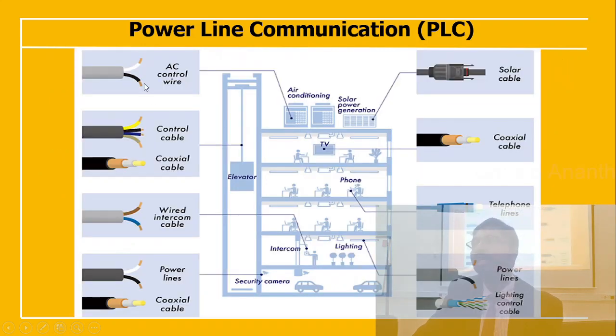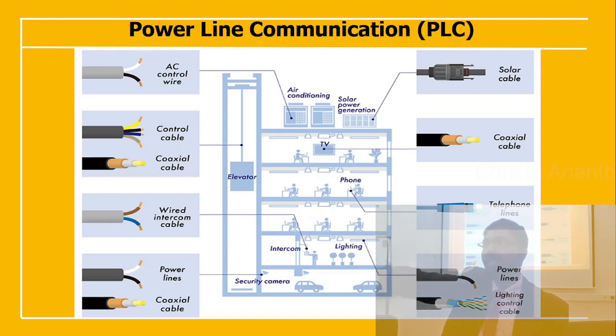So we'll have the AC control wire, control cable, coaxial cable, wired intercom cable, and power lines. For example, the AC control wire goes to the air conditioning system, the solar power cable to solar power generation, the control cable and coaxial cable to the elevator, the coaxial cable to the TV, and telephone lines to landline phones or the internet. Then the wired intercom cable connects to the intercom within the business building.